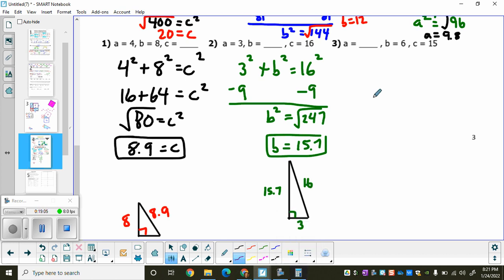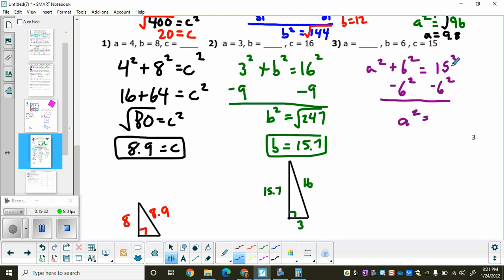All right, and now we're on the last one here for this video. I don't know a squared, but I know that b is 6, so I'm going to do 6 squared. And I know c is a 15, so I'm going to do 15 squared. I have a hypotenuse and only one leg, so I'm going to just subtract here the 36 from both sides.